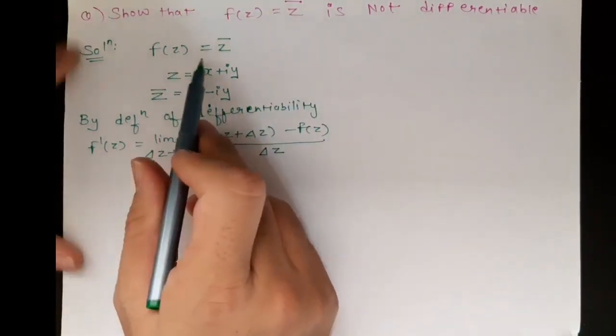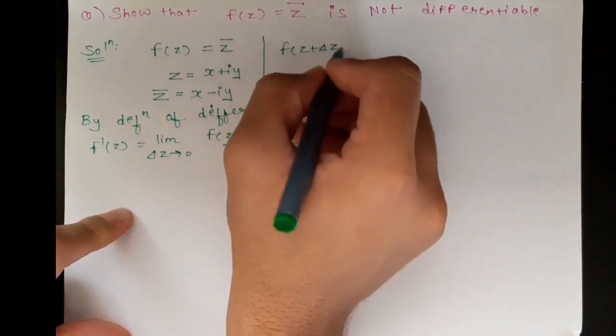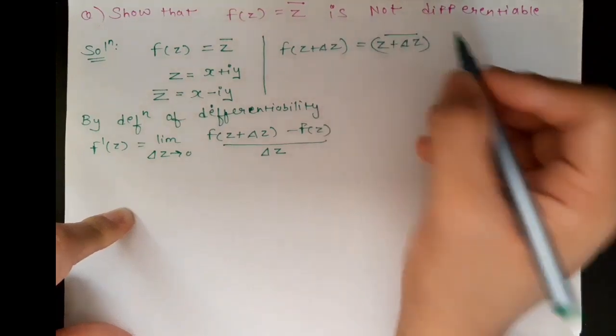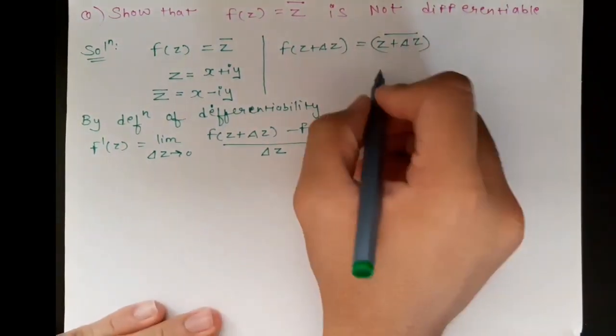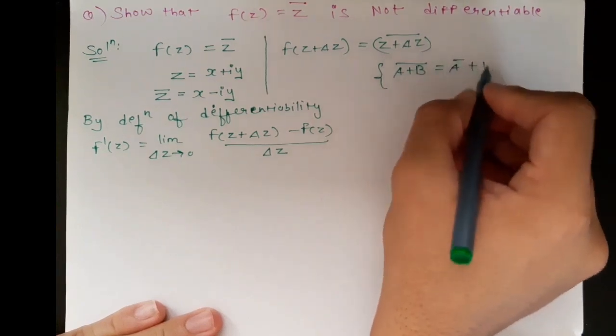So what is f of z? f of z is z bar. So f of z plus delta z will be what? It will be z plus delta z the whole bar. Okay, now as we know that a plus b the whole bar is equals to a bar plus b bar.